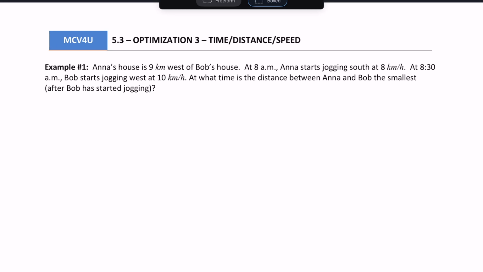So in this first example, we see that Anna's house is 9 kilometers west of Bob's. At 8 a.m., Anna starts jogging south at 8 kilometers per hour. At 8:30 a.m., Bob starts jogging west at 10 kilometers per hour.